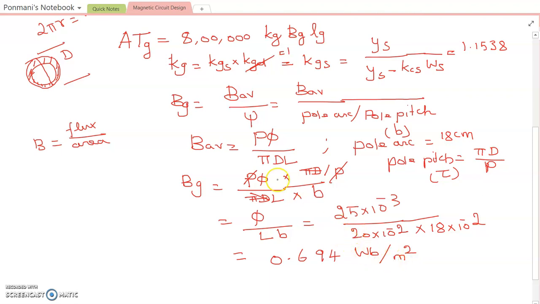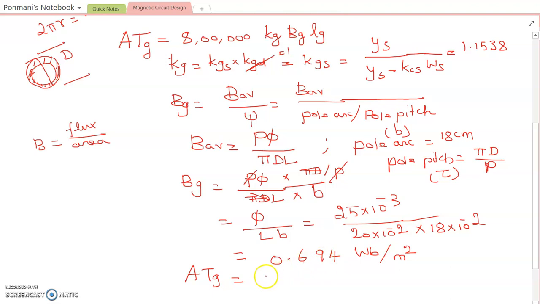So we have calculated everything, that is, we have calculated Bg and Kg, and Lg is given in the problem. ATg is equal to 800,000 Kg Bg into Lg. Bg we have calculated, Kg we have calculated, Lg is given in the problem.